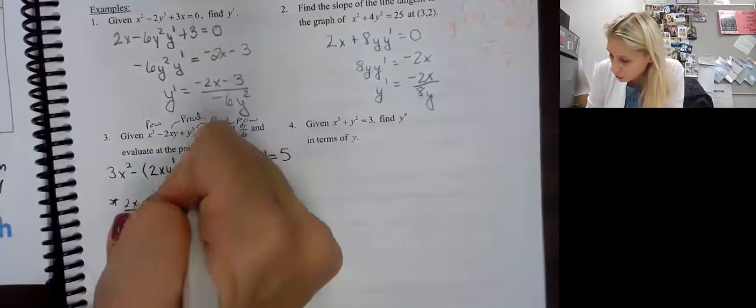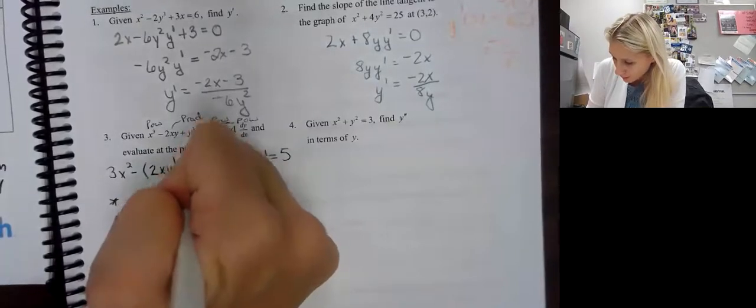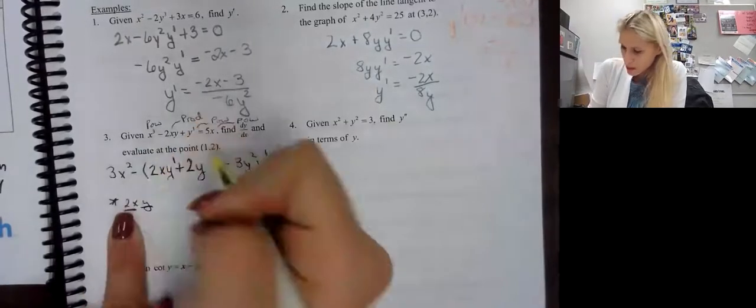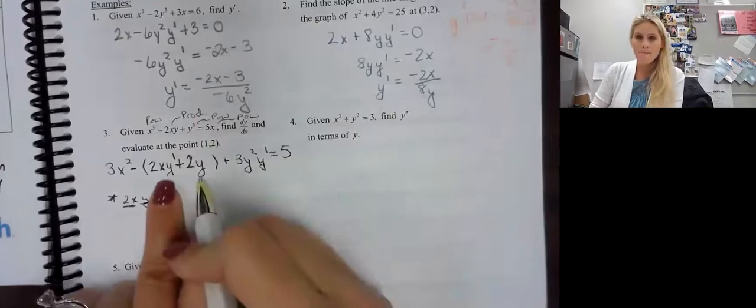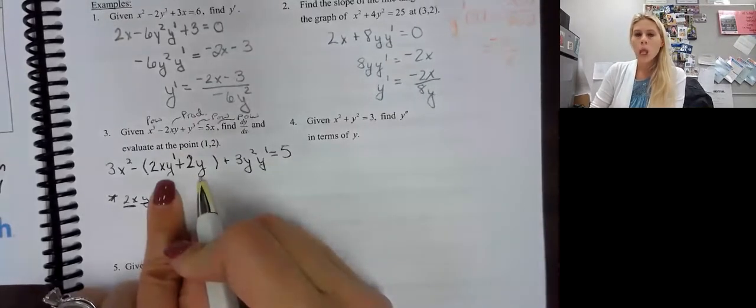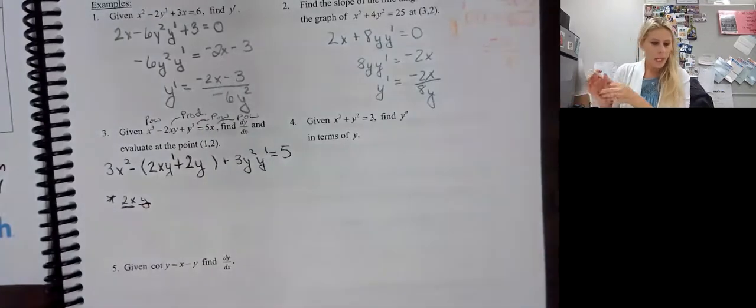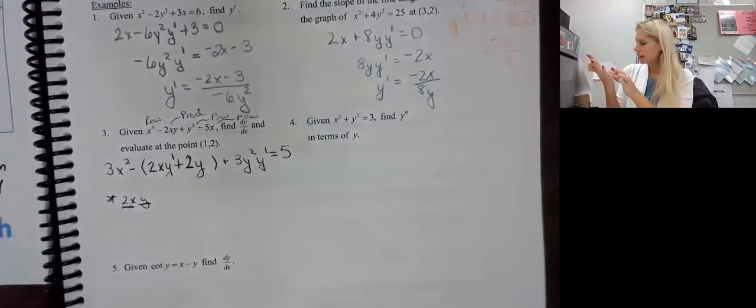The first is 2x, well, the derivative is 2. So see my product? This is where you guys will mess up. Please slow it down.